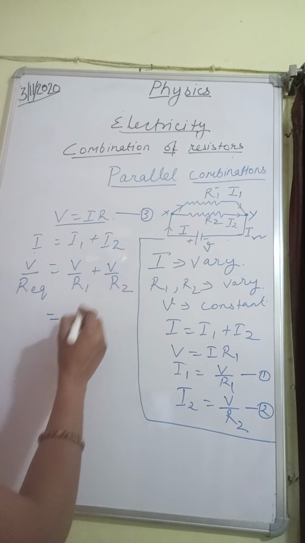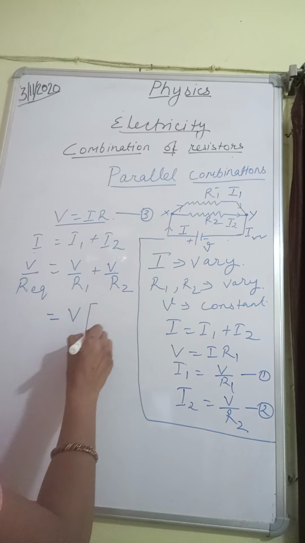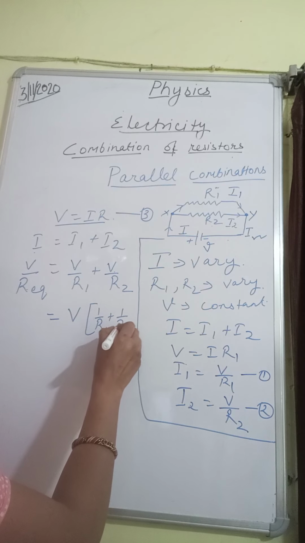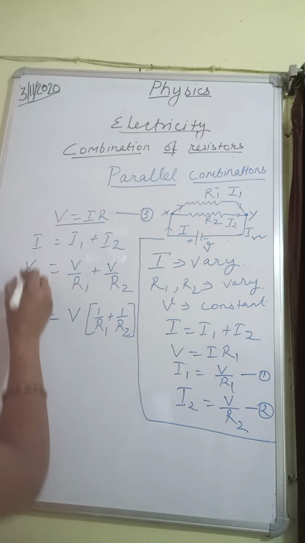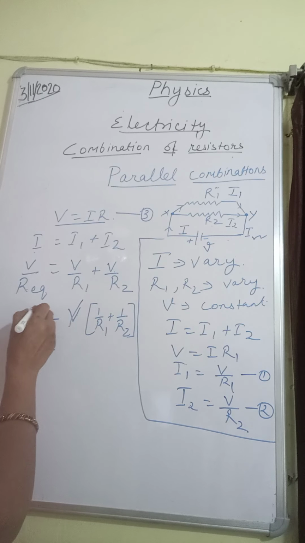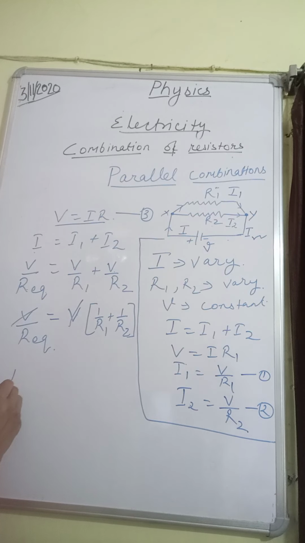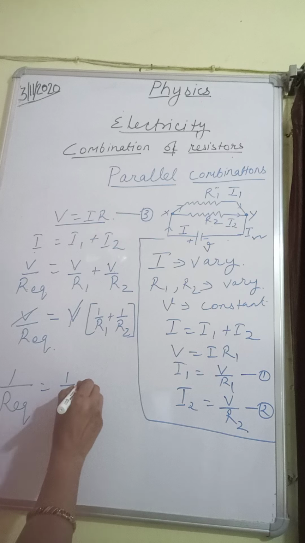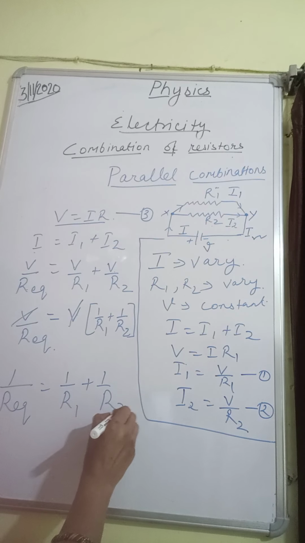Taking V common, V times (1 by R1 plus 1 by R2) is equal to V by R equivalent. As V is the same, we cancel it, and so we get 1 by R equivalent is equal to 1 by R1 plus 1 by R2.